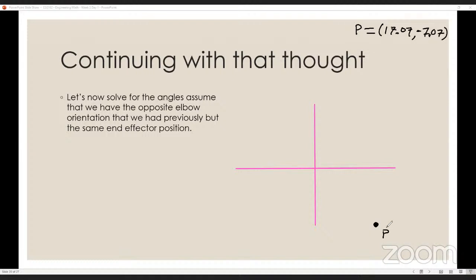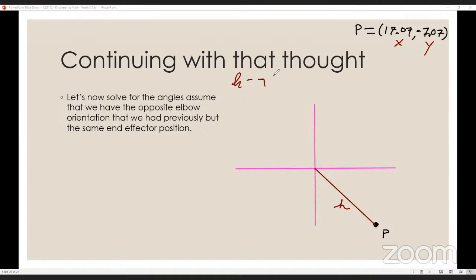Here's P. Okay, great. Well, the first thing that we were told that we should do very many slides ago is we should figure out where the total distance is, right? We need that hypotenuse of this triangle. So we're going to find H, right? We know H because we know the X and the Y. So Pythagorean theorem, right?